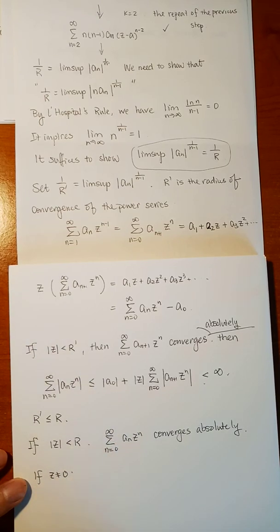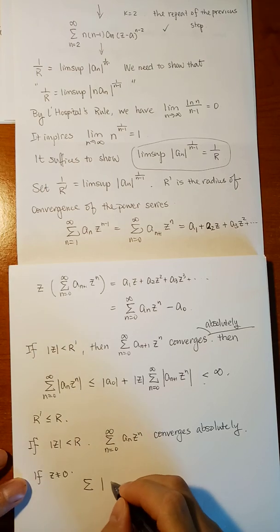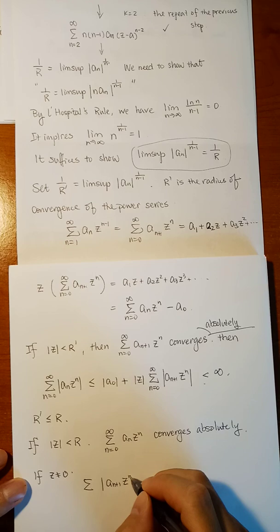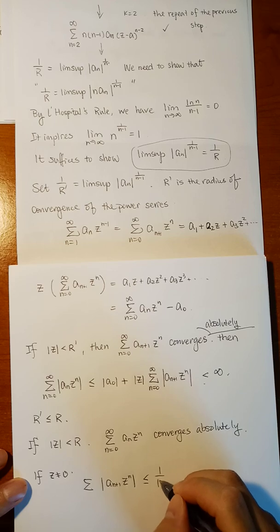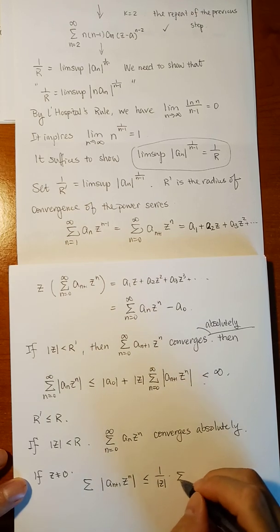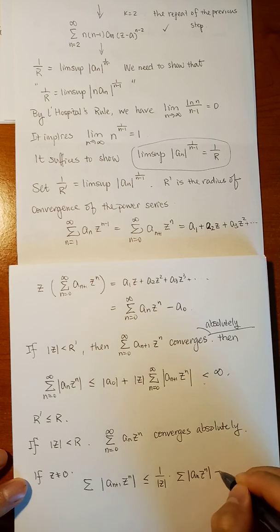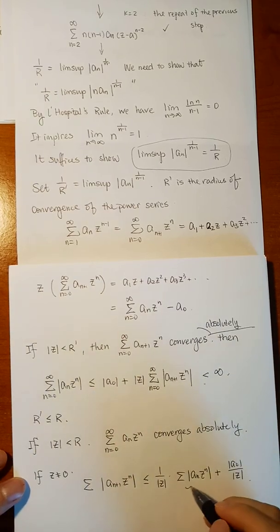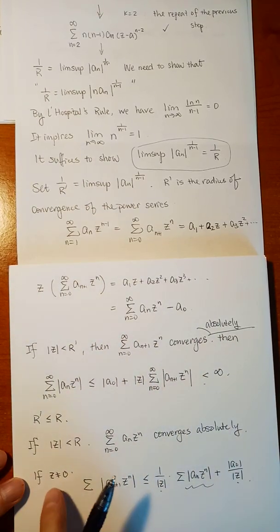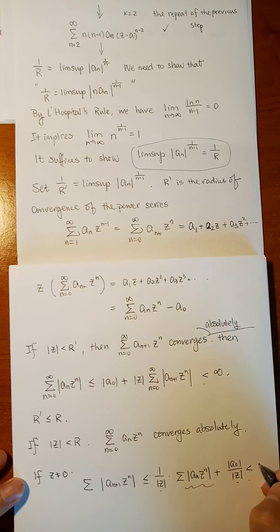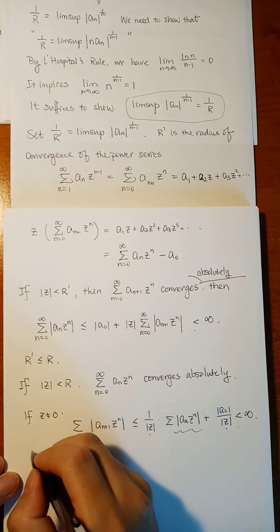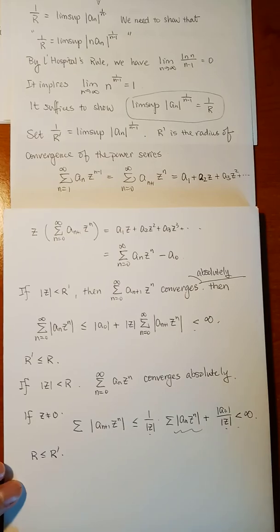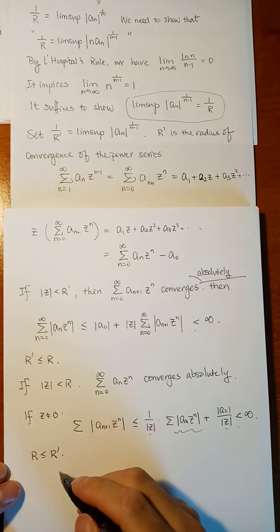If it's not 0, then we check here: a sub n z^n is going to be less than or equal to 1 over the absolute value of z times the sum of a_n z^n plus a0 over z. This is absolutely convergent. This is a fixed number. We're talking about each single point. It's finite. So this implies r is less than or equal to r prime. So r prime is less than or equal to r, which is less than or equal to r prime, so they are equal to each other.